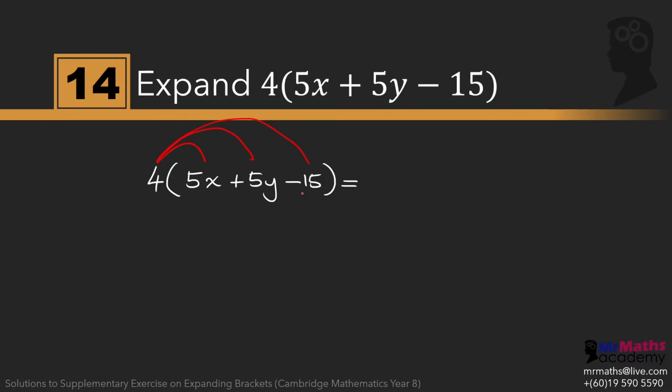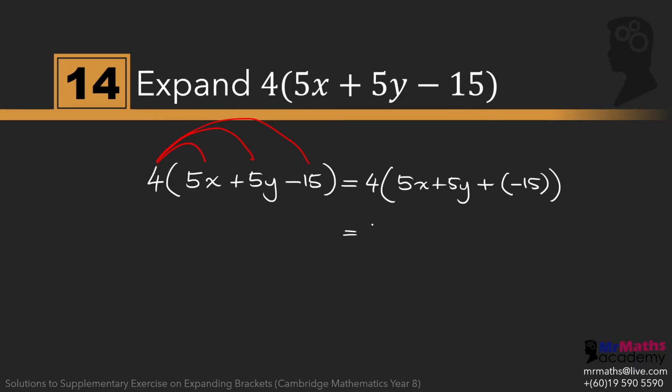But this is minus 15, so we'll include that in a separate bracket. Let me just include minus 15 inside a bracket first. So 5x plus 5y, these are all positive numbers, so I won't bother. And plus minus 15 to be separated to make my life easier.